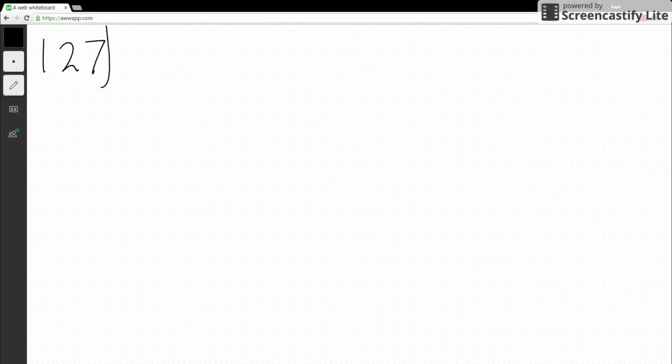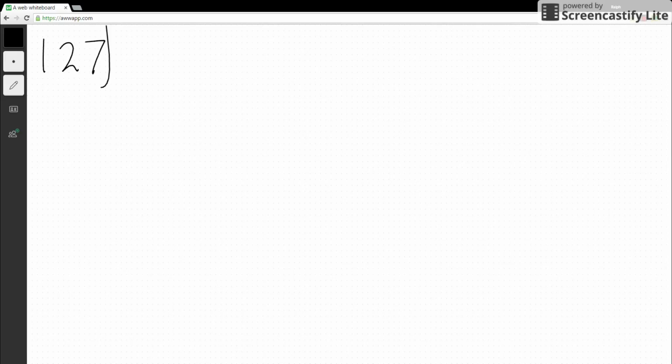Okay, 127. And this is a word problem. So this is another situation where they're not giving us the k value for this exponential model. So we have to find the k value and then eventually try to answer the question. So let's take a look at it.